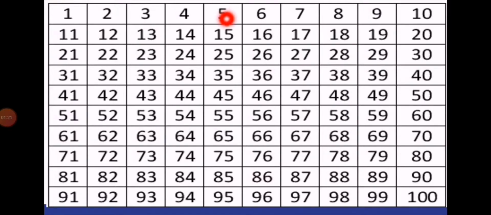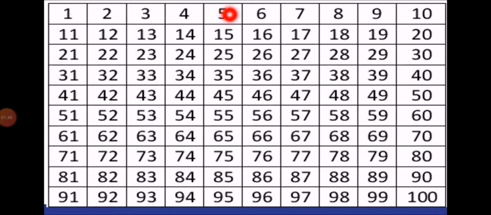Look at this column: 5, 15, 25, 35, 45, 55, 65, 75, 85, 95. From 5 till 15, if you count the numbers, you will find that the numbers are increasing by 10.